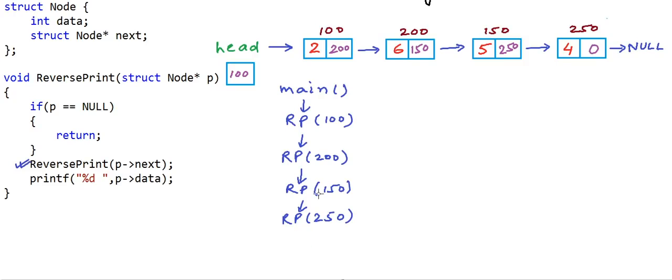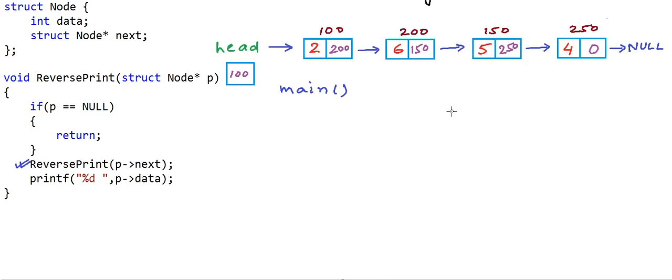So this call will finish, and again the control will come to this call with address 250 as argument, and now we are printing the value of the node at address 250, which will be 4, and then this guy finishes, and then we go ahead and print 5, and similarly we then go on to print 6 and 2. So recursion kind of gives us a way to first traverse the list in the forward direction and then traverse the list in the backward direction.